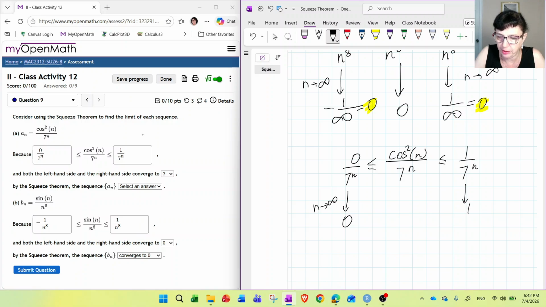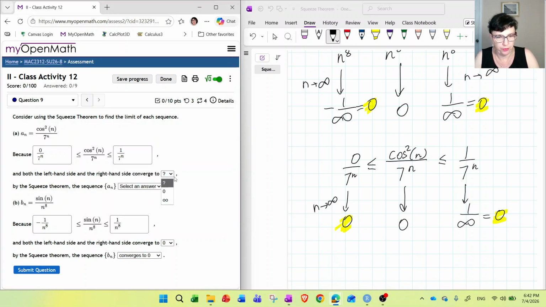You've got a really large number on the bottom, and when you divide by a large number, you get 0. So again, 0 on both sides will force the guy in the middle to also go to 0, which means that because both of these converge to 0, the middle guy also converges to 0.